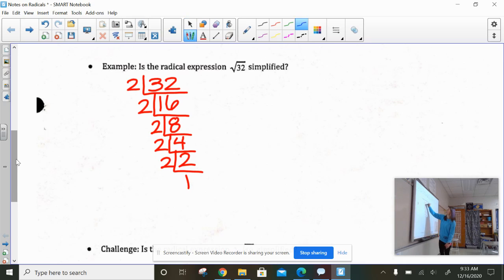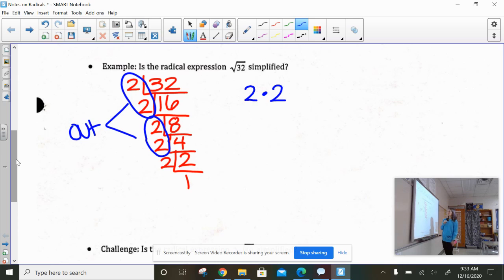Okay, so pairs. I have a pair of 2s, another pair of 2s, and then this 2 is left over. So these will come out. So I'll have 2 times 2. Those were my 2 pairs. And then this 2 right here will stay under the radical.